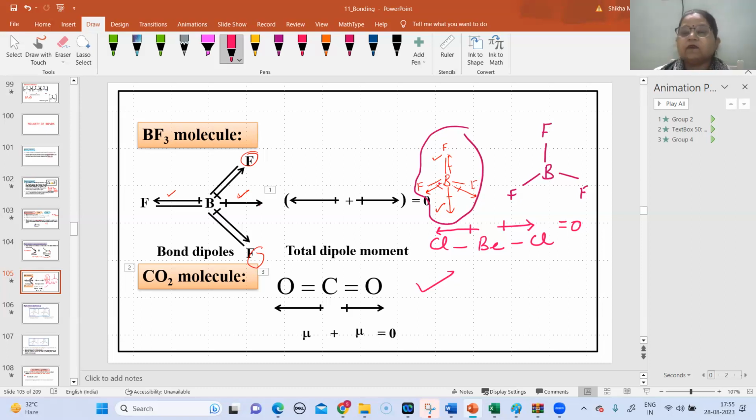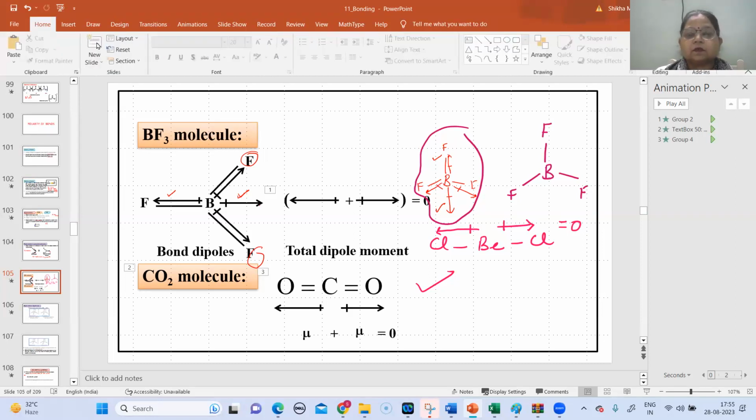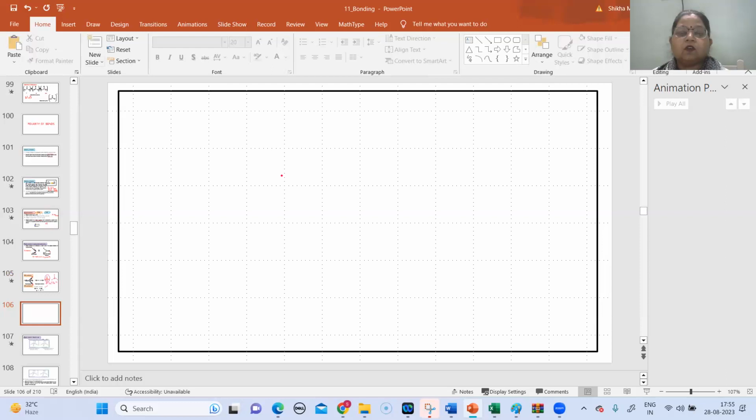Okay, now moving on to the BF3 one. BF3 is slightly more complicated than that. Let me write F also. It will have one dipole like this, another dipole like this.